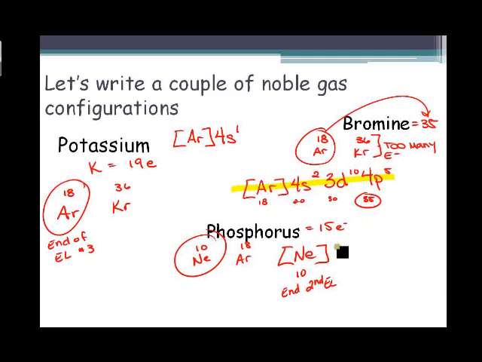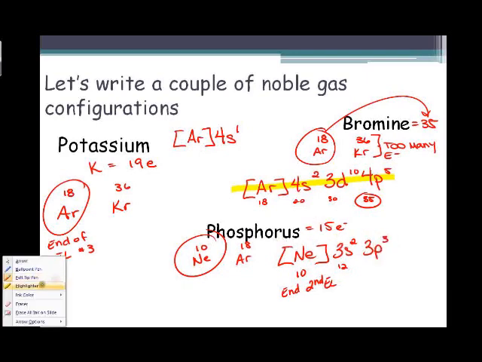So we pick up our configuration with 3s. So we'll place 2 electrons here, 3s2. Move to our 3p sublevel, where we need to find a home for 3 electrons. So 3p3. Our noble gas configuration for phosphorus is neon 3s2, 3p3.